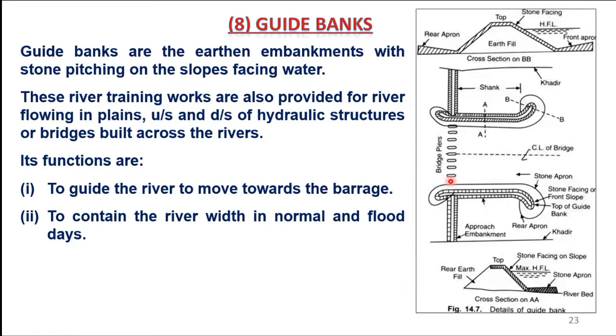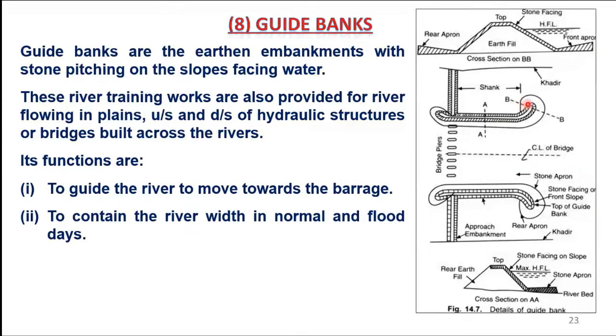Some would be the main weirs or main bays, and the rest would be under sluice bays. As no divide wall is shown here, we cannot say which ones are the under sluice bays.